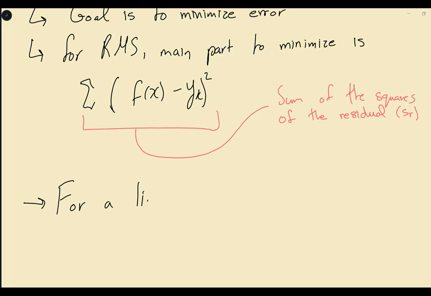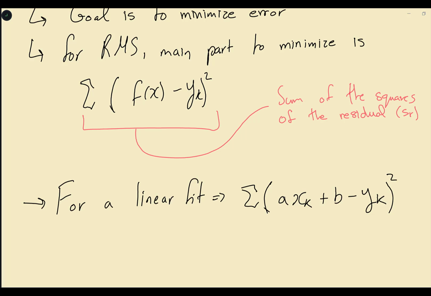So for a linear fit, what we have is the sum of a constant a times xk, which is the value of x where we're finding the y, plus b, where b is the y-intercept. So this is the linear line equation. And from there, we subtract the experimental values and square this. Again, this is the sum of the squares of the residual, SR.